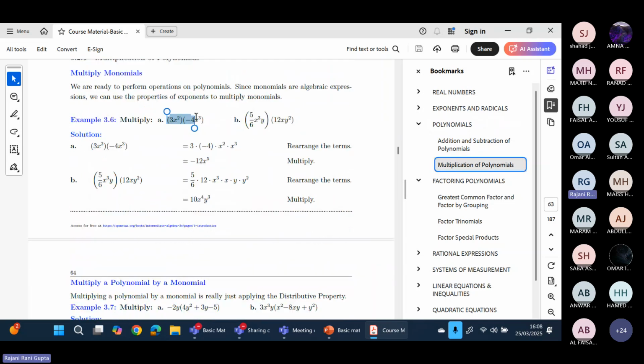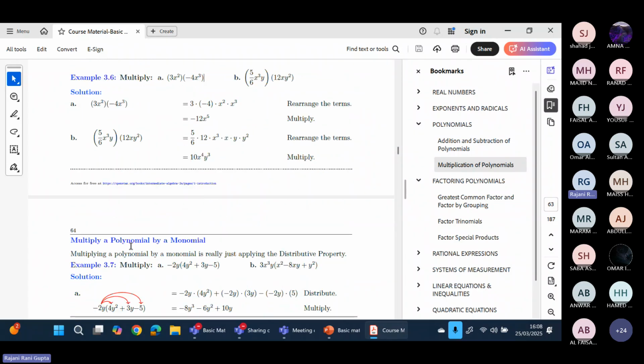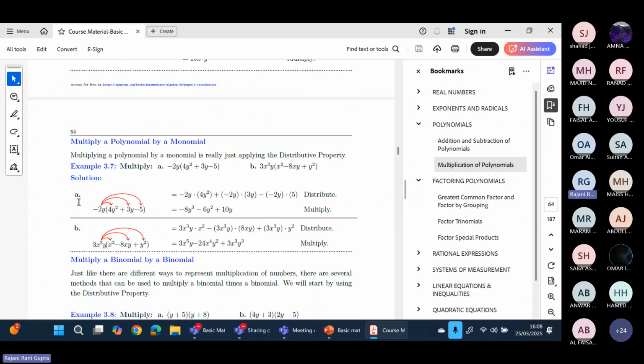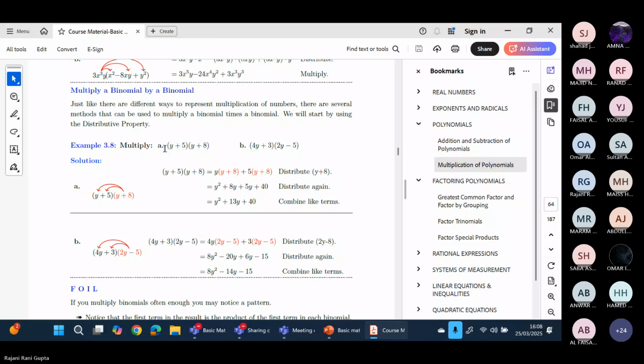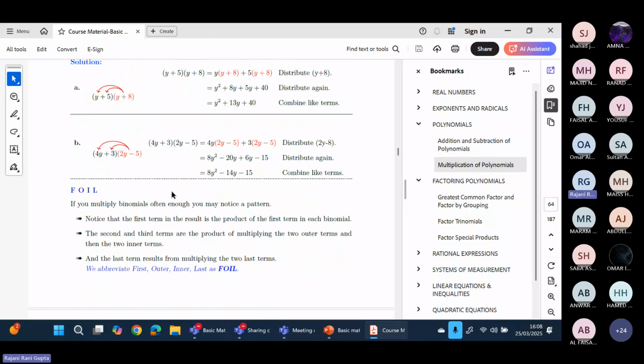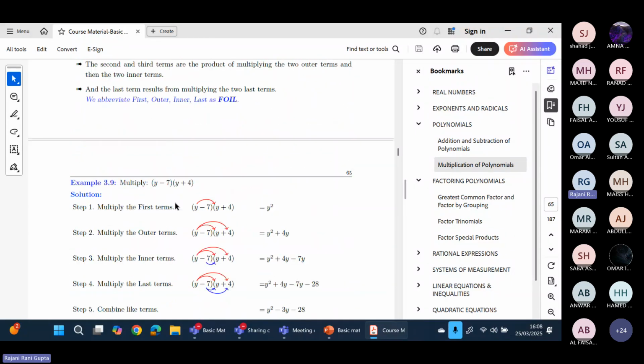So I think you can multiply these two also, correct? So we multiply 3 with 4 gives you minus 12 and x power 2, x power 3. So 2 plus 3, 5. We studied this polynomial, means monomial with a trinomial. 2 binomials.